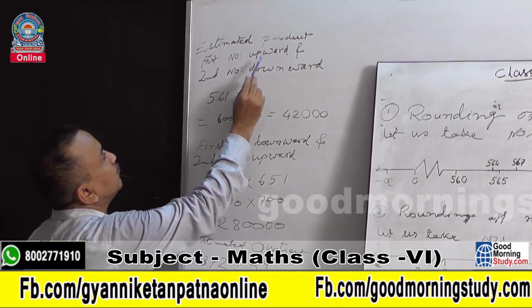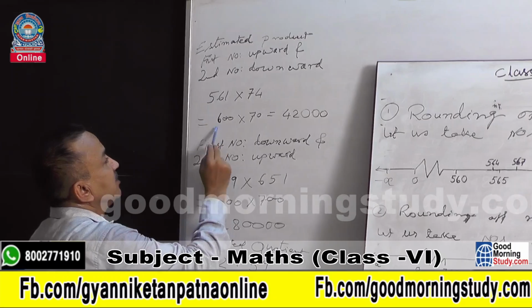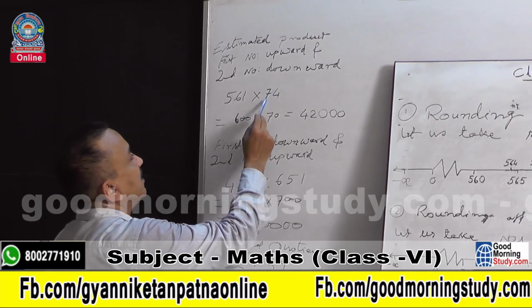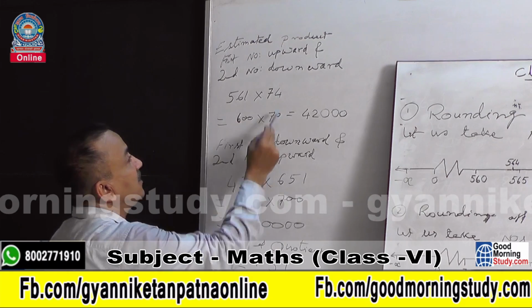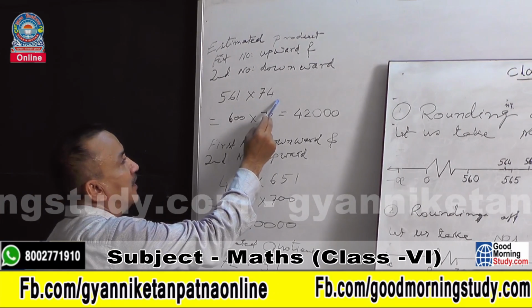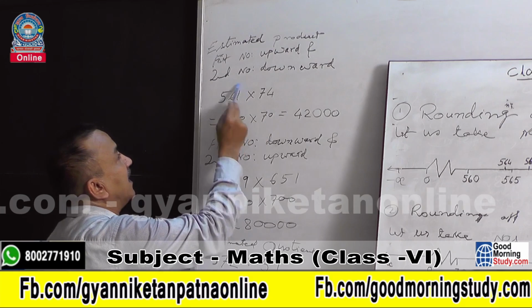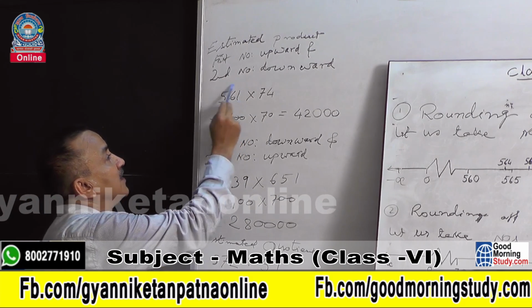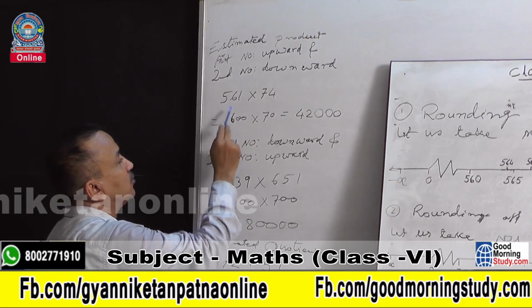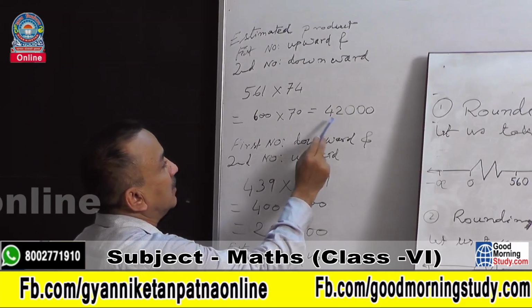This first number is to be made upward, so it will be 600, and 74 downward means it will be 70. As it is a 2-digit number, we will make it to the nearest 10. And as it is a 3-digit number, we will make it to the nearest 100. So it will become 600, it will become 70.